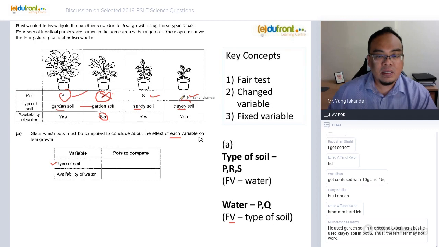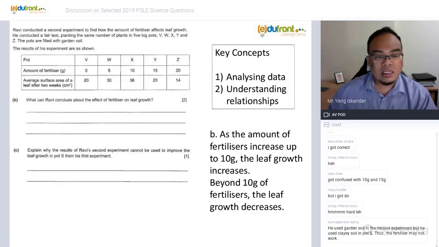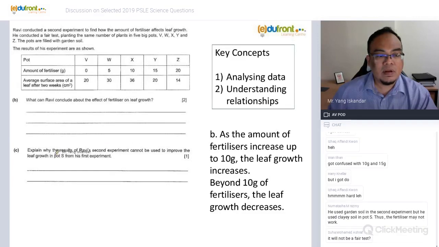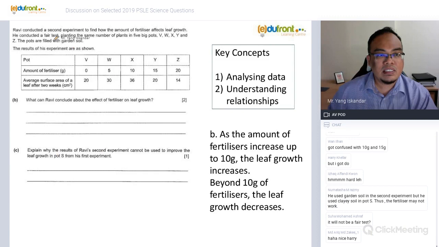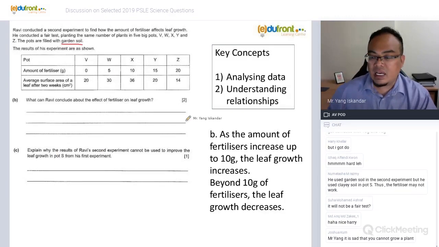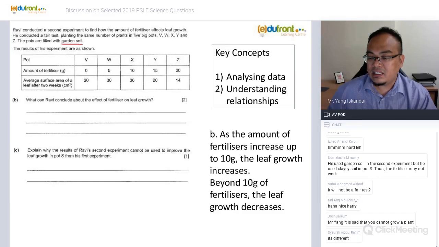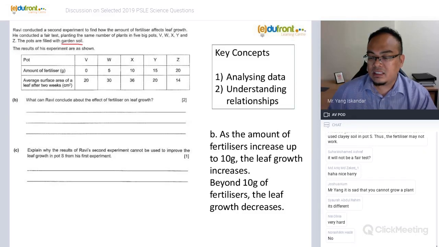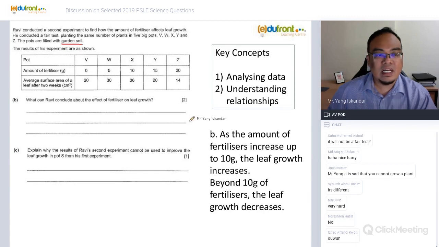Pot S, take note, it uses clay soil. The first experiment, they use clay soil for pot S. And this experiment uses garden soil. Take note, one is clay soil, the other one is garden soil. Will it be a fair test? Obviously, it's not.